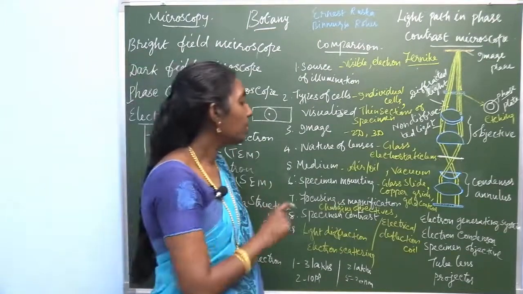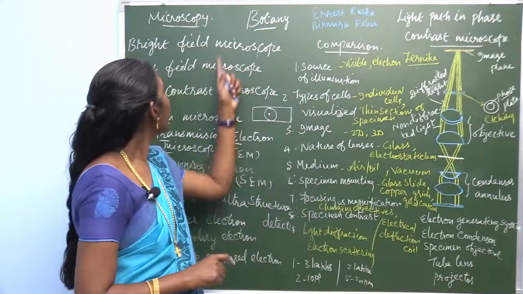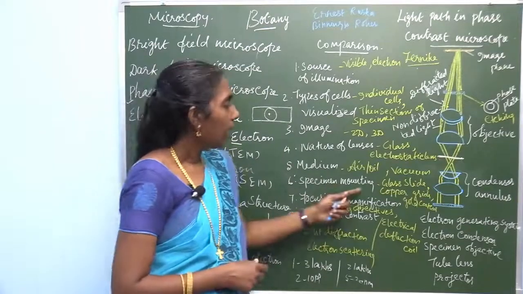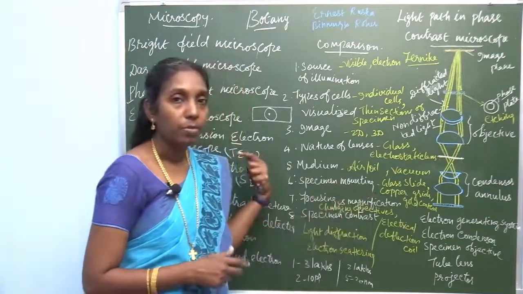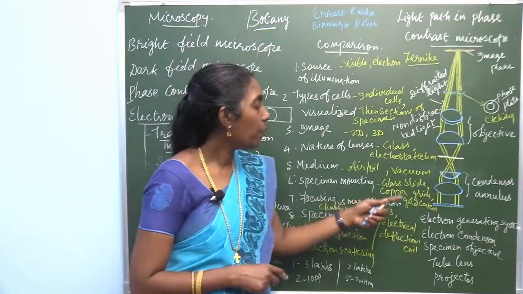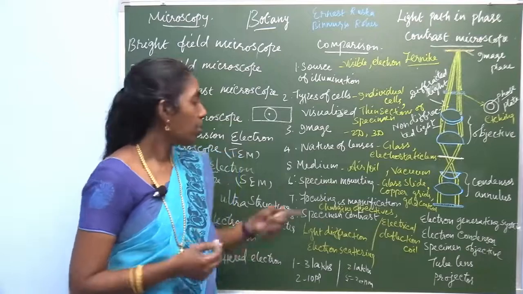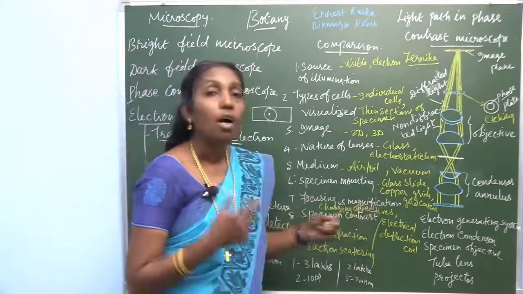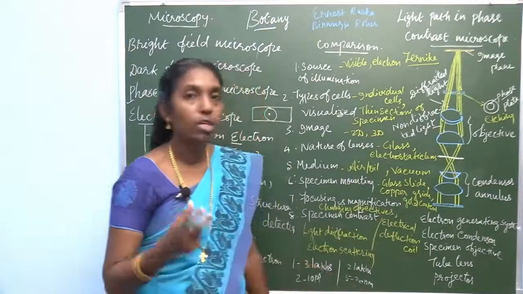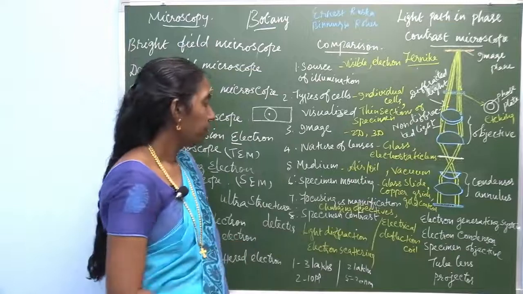So, glass slides are used for the bright field microscope as well as the dark field microscope. For the electron microscope, copper grids are used. In the transmission electron microscope, specimens are mounted on a copper grid, and in the scanning electron microscope, the specimen is coated with gold.